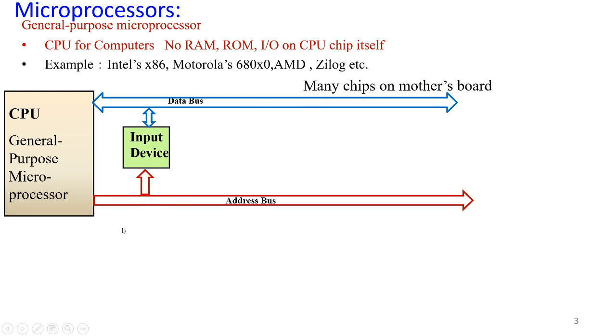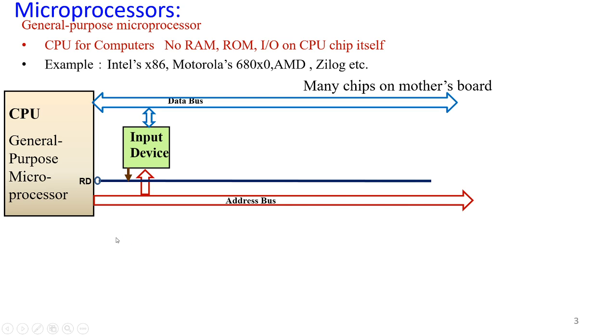How are the different peripheral devices attached to the microprocessor? This is the input device; the address bus and data bus are attached like this, bidirectional, unidirectional. To read the data, the control signal RD is required, which is active low.